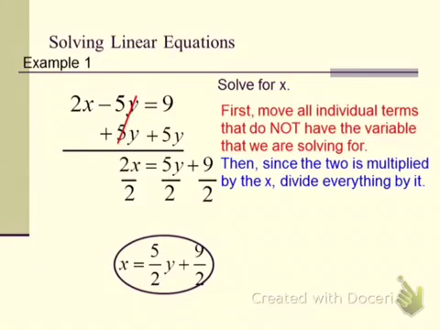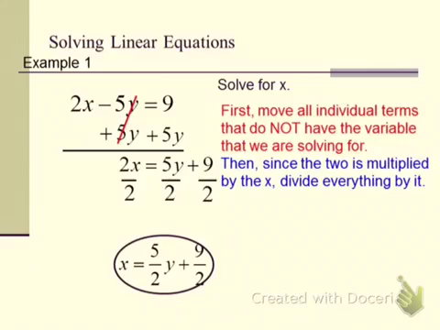Now, incidentally, if you solve this for x, the coefficient of y doesn't really tell you anything, but the 9 halves is the x-intercept, but that's not going to be important to us. The easiest way to find the x-intercept is to use the definition of x-intercept, which means where y equals 0.